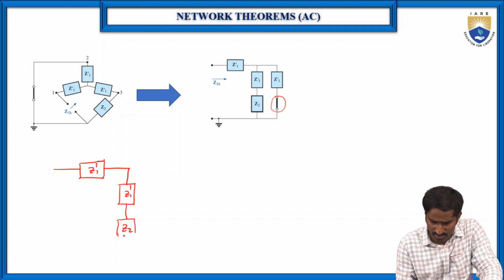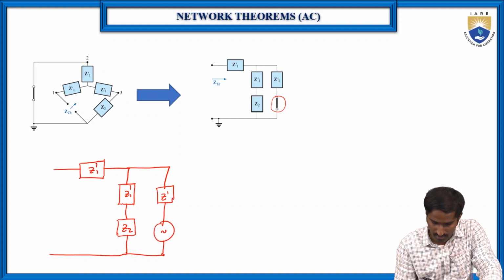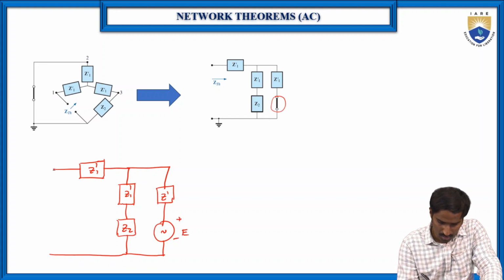We are just replacing the short circuit, as usual, with the voltage source, so that it becomes the equivalent circuit for the V Thevenin. Here it is E.